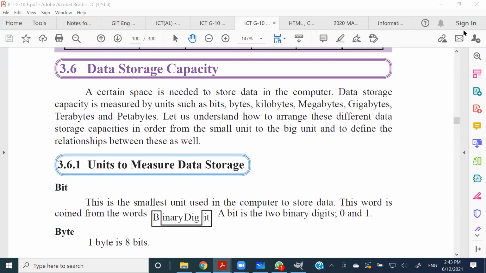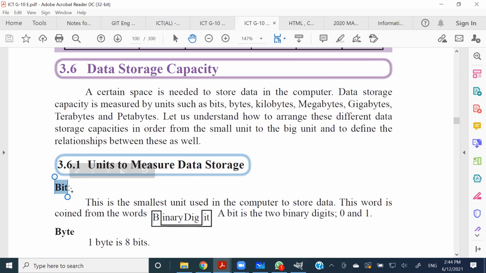So these megabytes, kilobytes, gigabytes, everything start being created from the place which we call a bit, right?